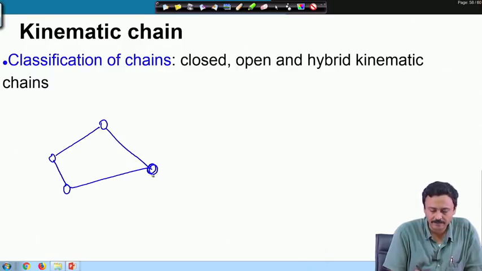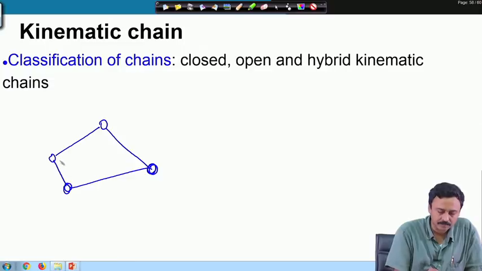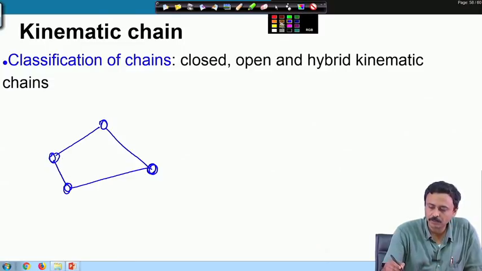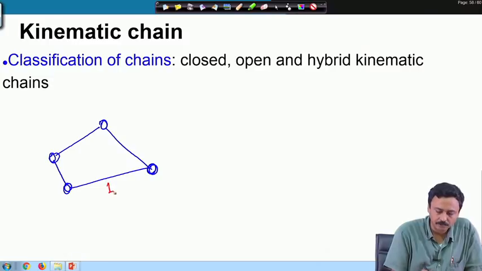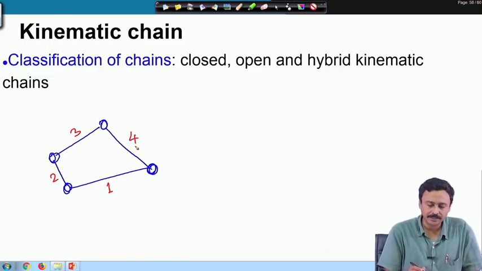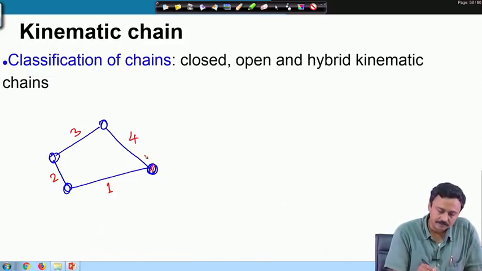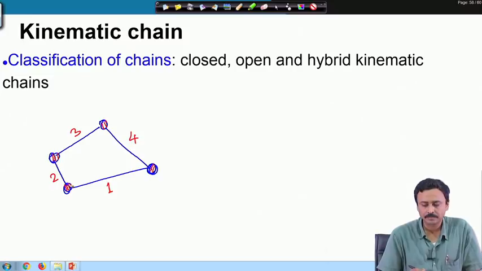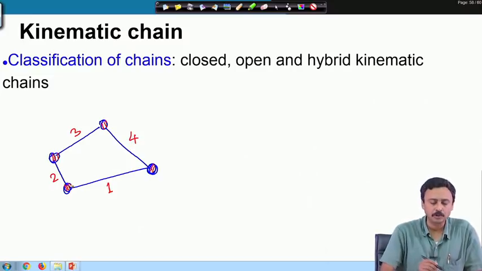So, here I have four rigid bodies or 4 links connected by these connections, possibly hinges. This is a closed kinematic chain.